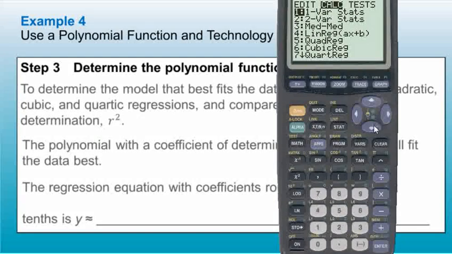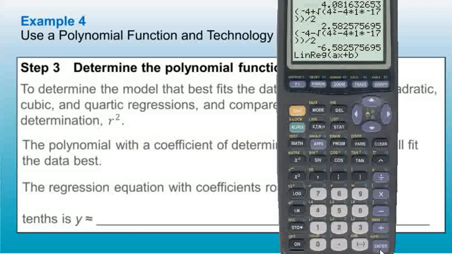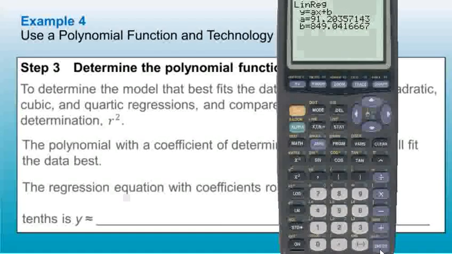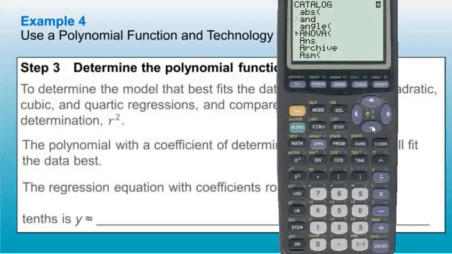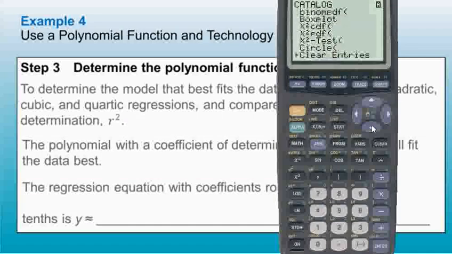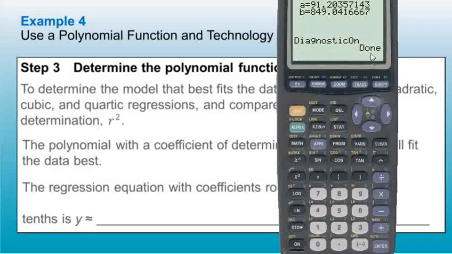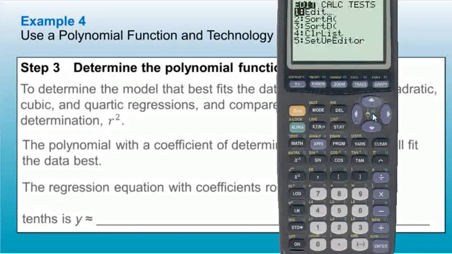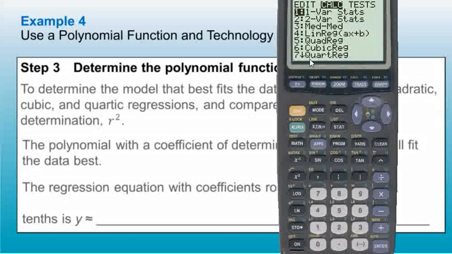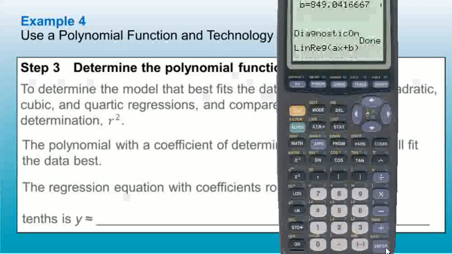If I go to linear regression, number 4, hit enter. You notice I don't see the R squared here, so that means I have to turn my diagnostic on. To do that, I hit second, 0 for catalog. Go all the way down till you see diagnostic on, and then hit enter, and when you see done, then go to stat, calculate, number 4, enter.